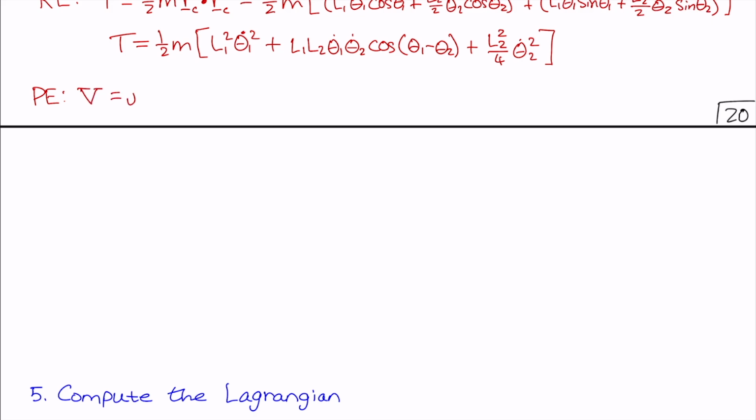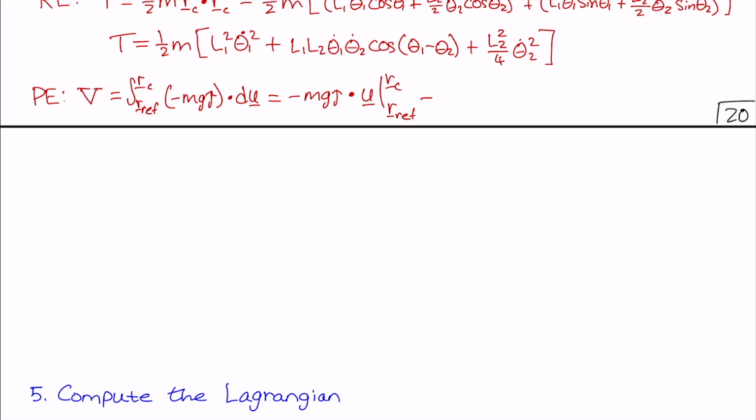V is equal to the integral from the reference position, r_ref, to r_C of minus mg j dotted with, we'll use a du here, it's a vector. This is equal to minus mg j dotted with u evaluated at ref and r_C.